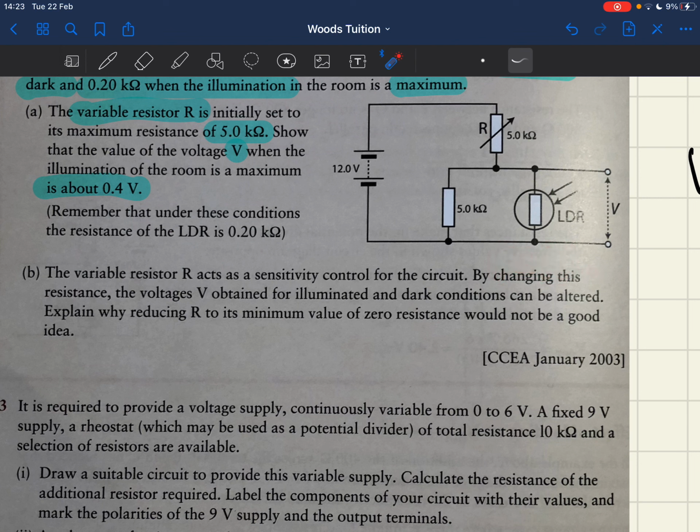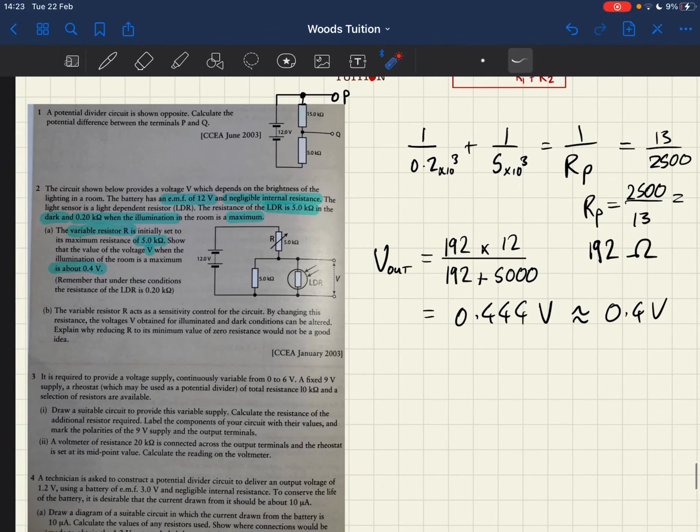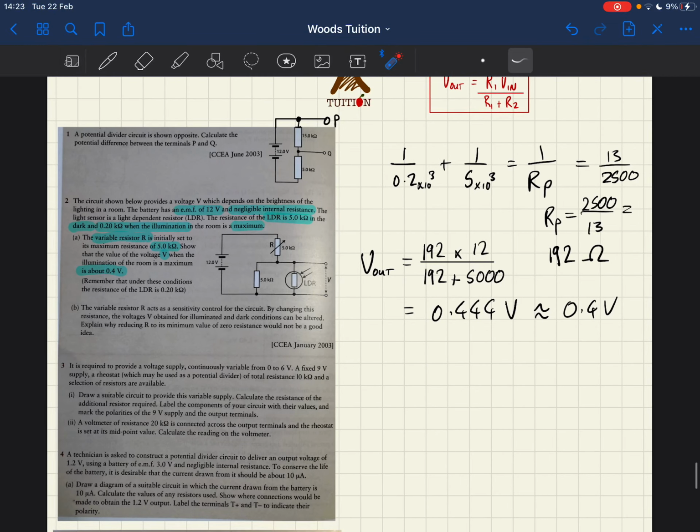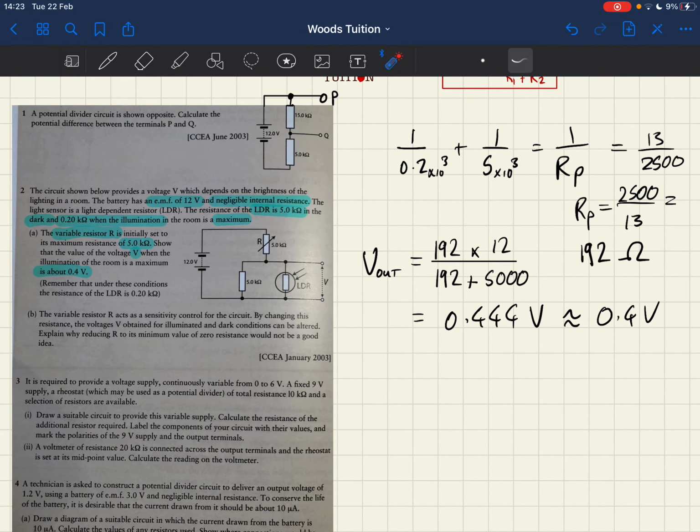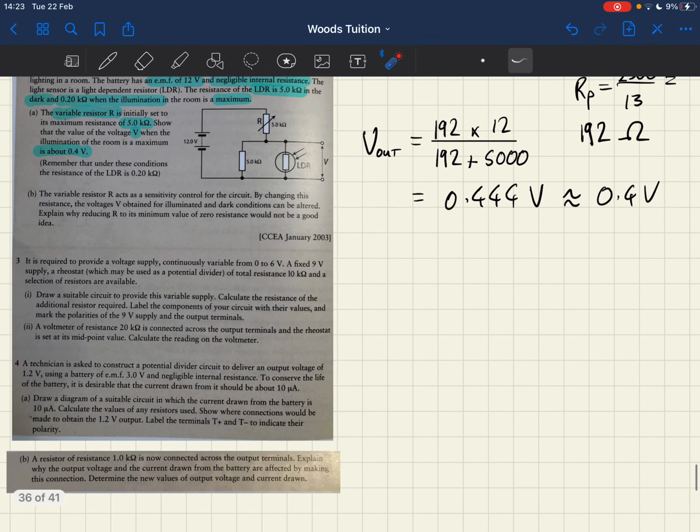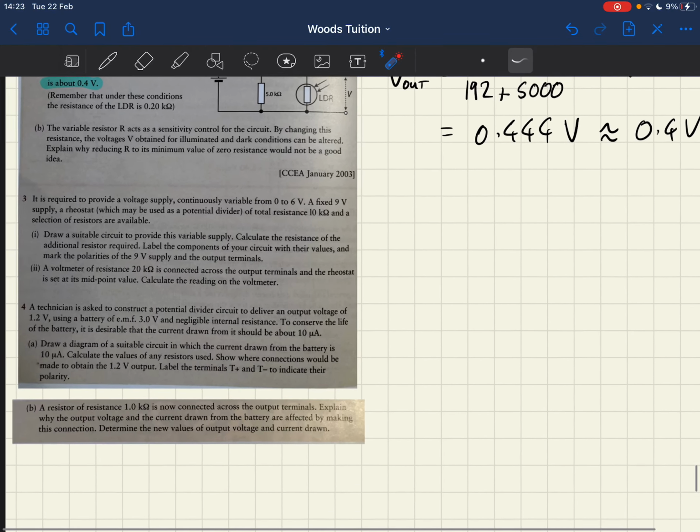Essentially what you'll find is if it was reduced to zero, the power would be very high and could be dangerous, or break a component of the circuit. That's the sort of answer that you need to give. I'm not going to go into the numerics just because I don't want this video to go too long, but that would be what you'd be looking to do.